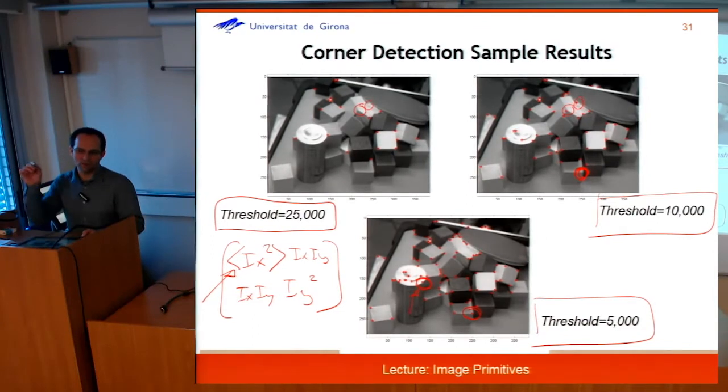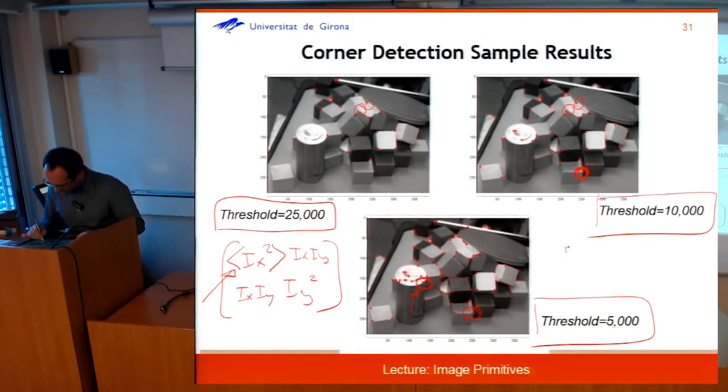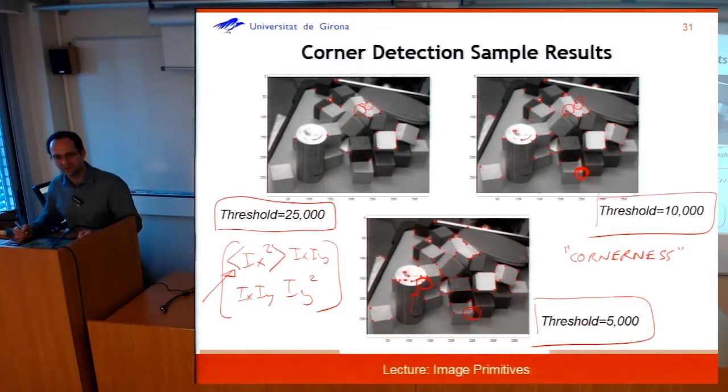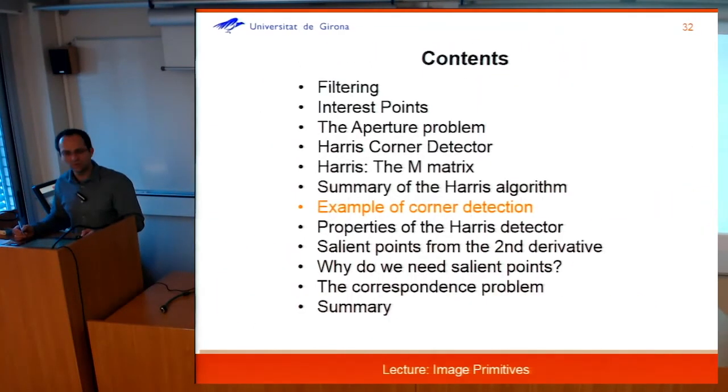But the nice thing is that if I look at the R image that I get, which is called the cornerness image, the values that have higher scores in this cornerness image are more likely to be corners, points that I will be able to detect in some other image after this moves around. But I have a threshold issue. What is the threshold? I don't know. So I will need to fix this empirically.